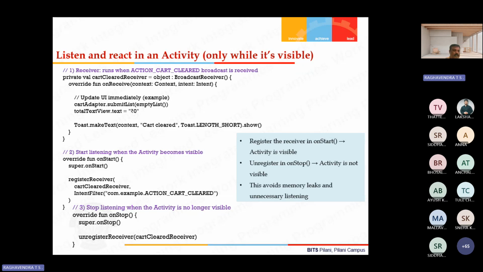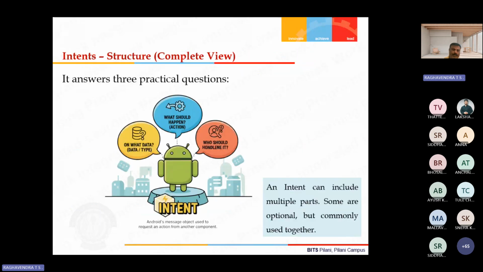So function onStart, super dot onStart, register the receiver with the com.example.action.CART_CLEARED. Right? So the receiver, we register the receiver with the name of the receiver registered.